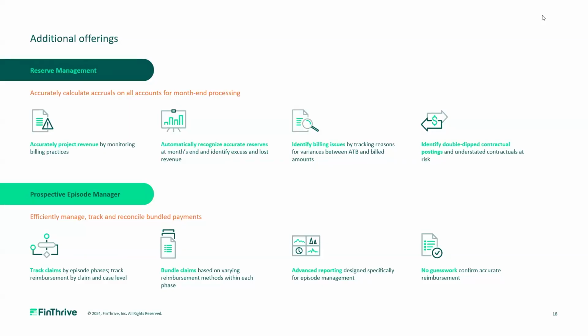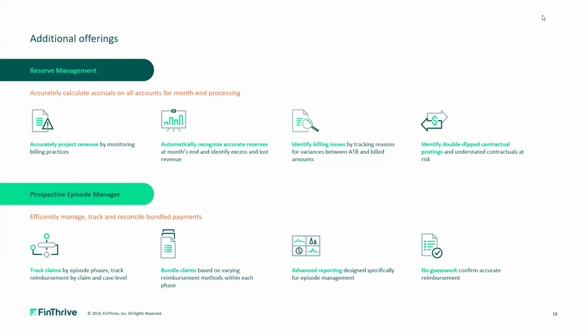And then some additional offerings that we do from reserve management, like I was talking earlier, to actually calculate your month-end reserves for the finance. We do have a prospective episode manager that if you said, how do I look at a bundle or a transplant, where Contract Manager is a fee for service engine, our PEM, prospective episode manager, calculates those bundles, right?